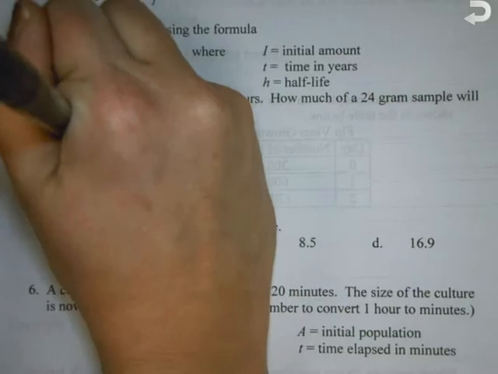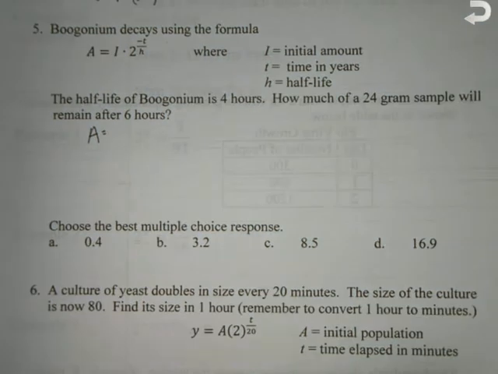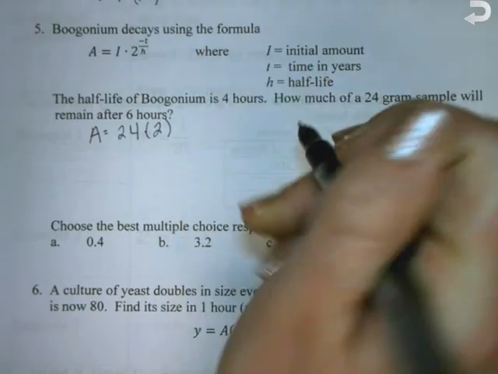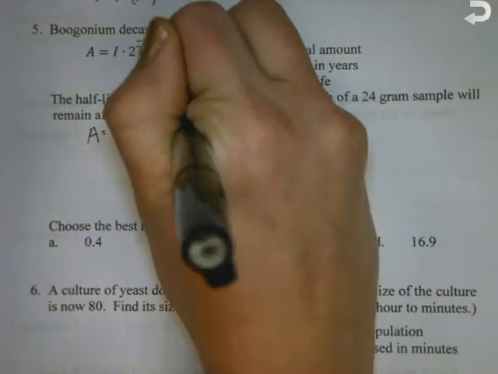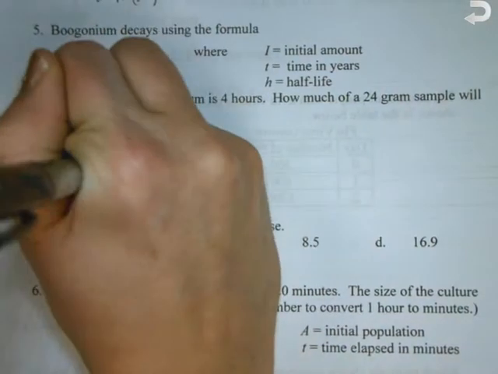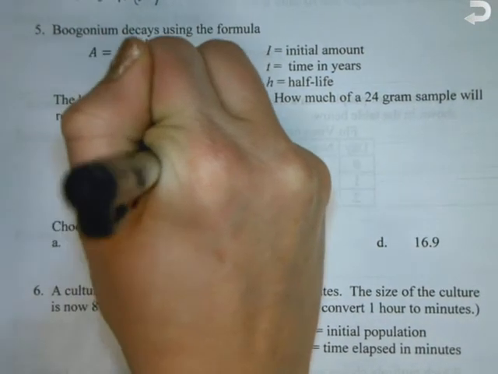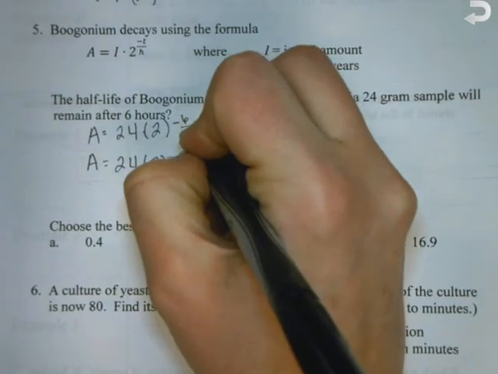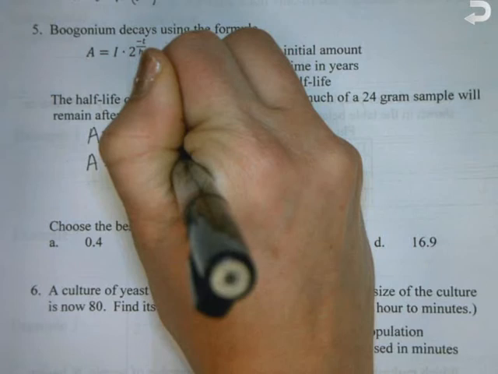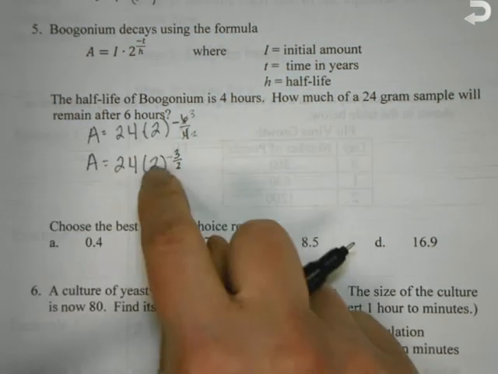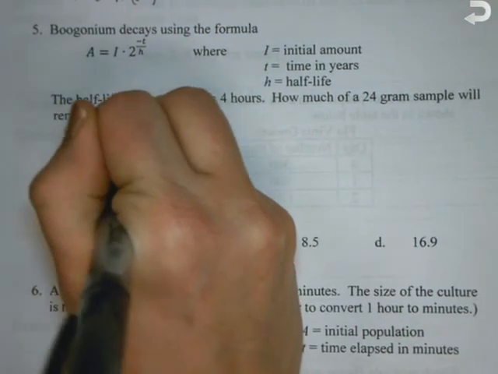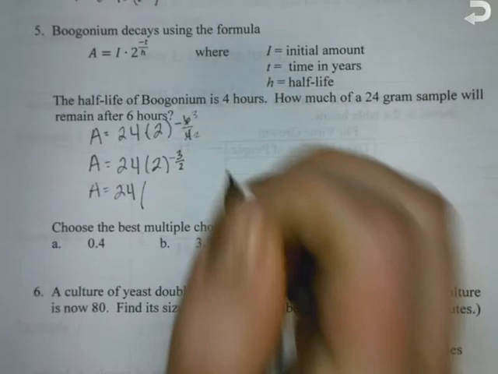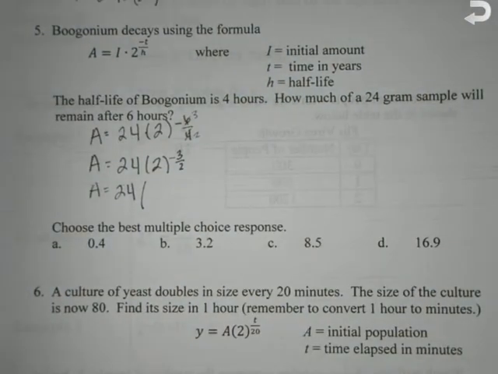Okay, so that gives me 24 times 2 to the negative 3/2, right? Okay, so what does that make 2? So this is the same as 1 over 2 to the 3/2, right?